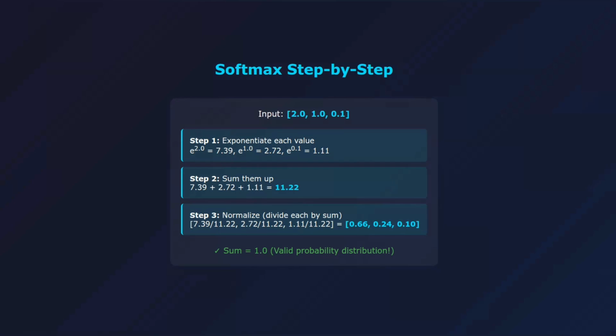Step 3, we divide each exponentiated value by this sum. This gives us 0.66, 0.24, and 0.10. Notice something important. These 3 values sum to exactly 1. That's what makes it a proper probability distribution.